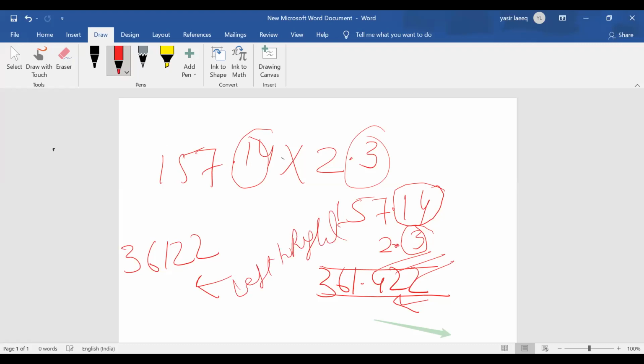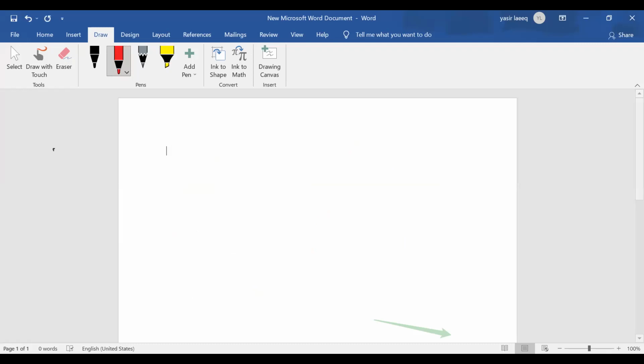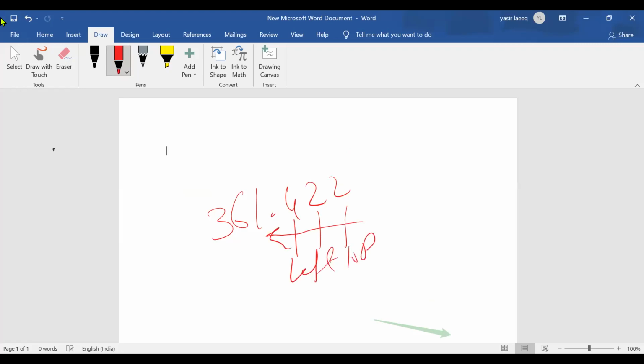Is it clear, beta? So this is 1st place, 2nd place, 3rd place. So we have to put the decimal here. What will be the answer? 361.422. So after the 3rd place, we put the decimal. Remember, again I am saying, left to right.